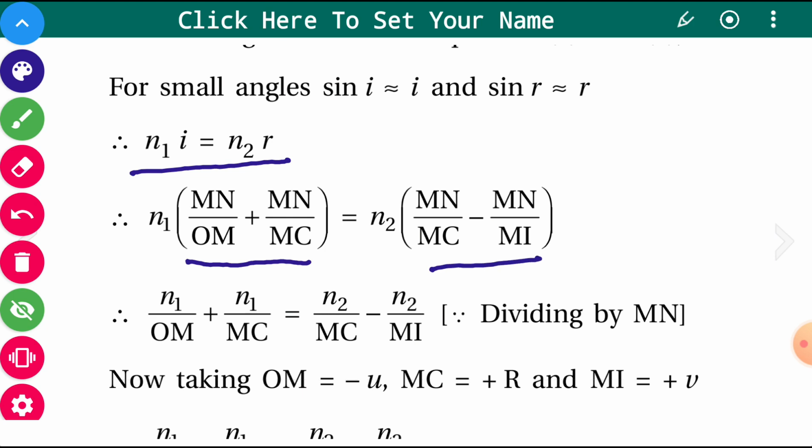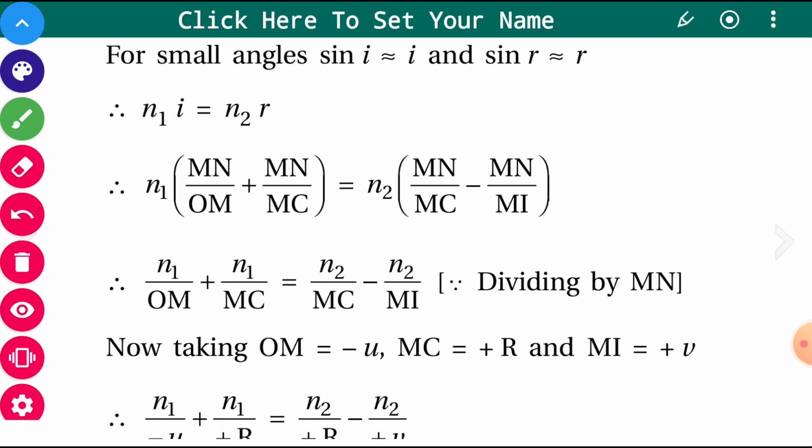R is nothing but MN upon CM minus MN upon IM. Now this MN will be cancelled out. n1 is multiplied inside with these two terms, so it becomes n1 upon OM plus n1 upon CM is equal to n2 upon CM minus n2 upon IM.